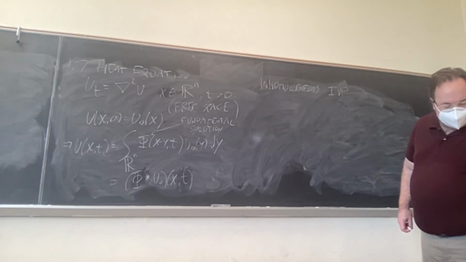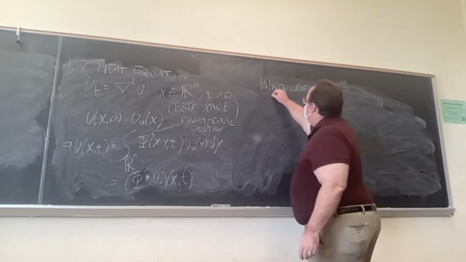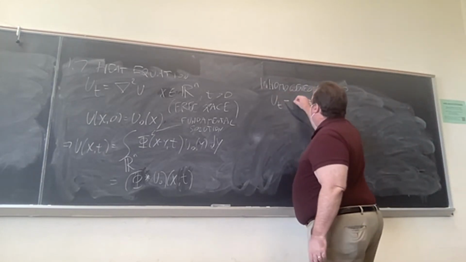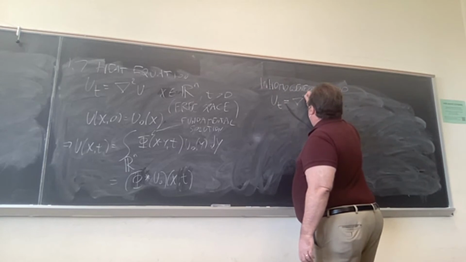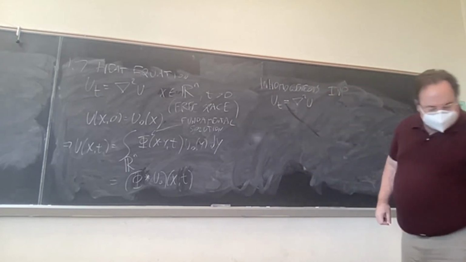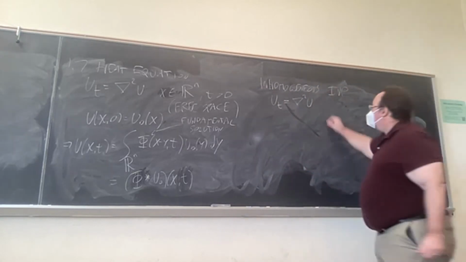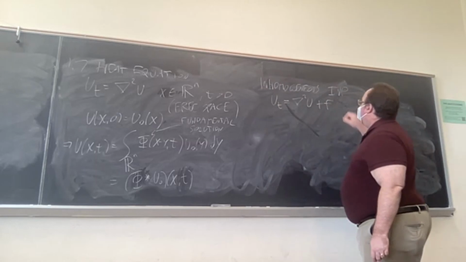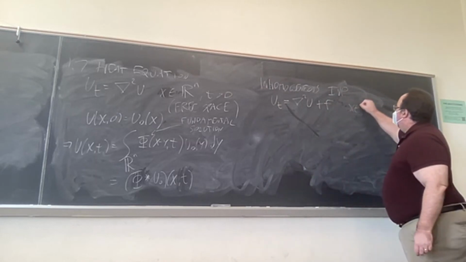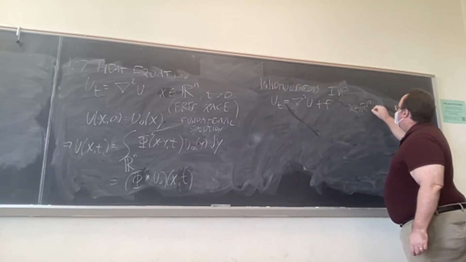So here we have u_t equals the Laplacian of u, plus a source term f. That's some function of x and t.